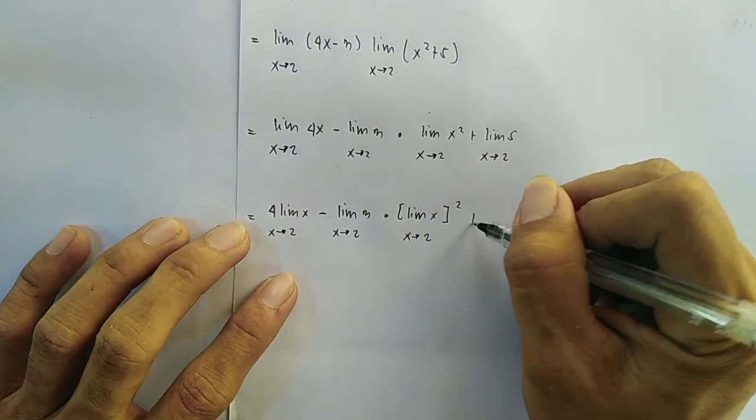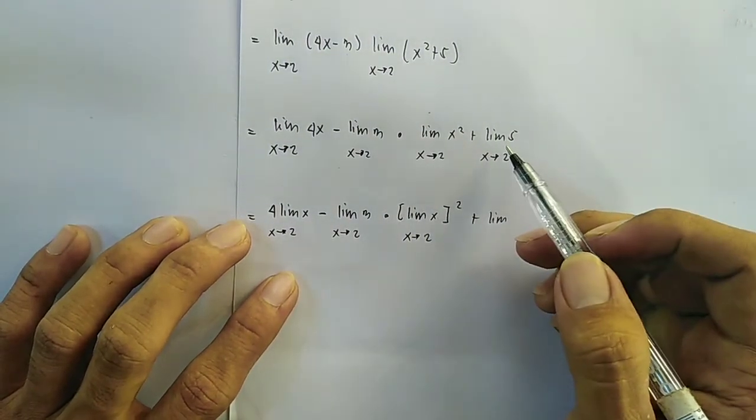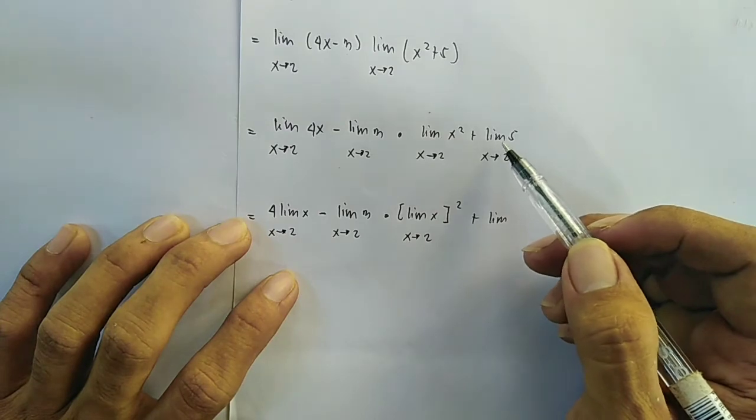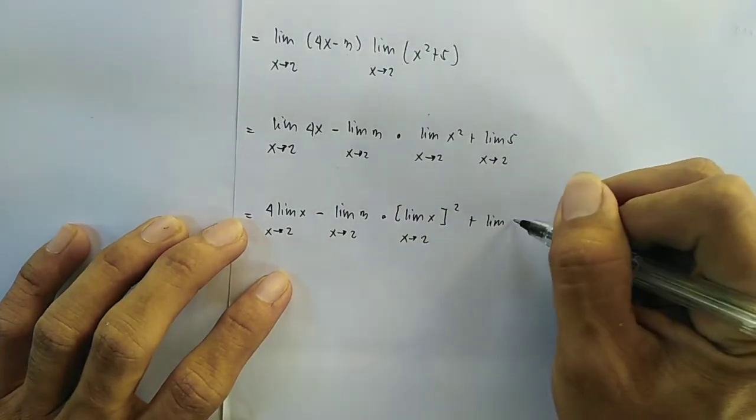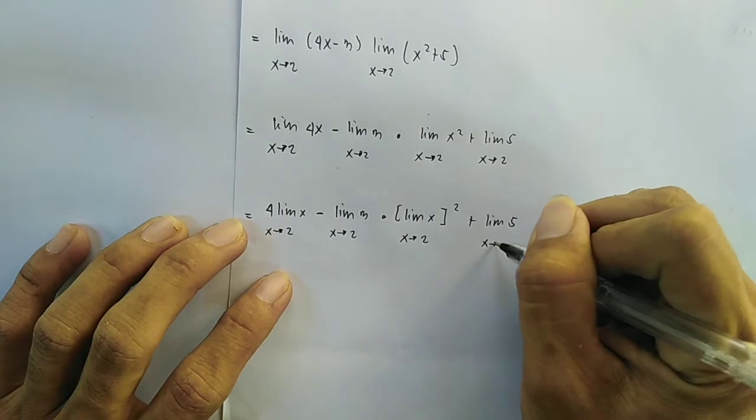So we have plus the limit of the constant 5, which we can rewrite as the limit of 5 as x approaches 2.